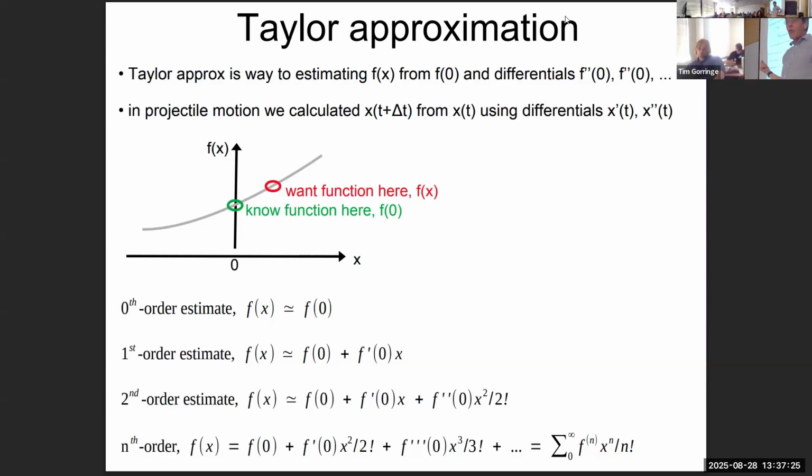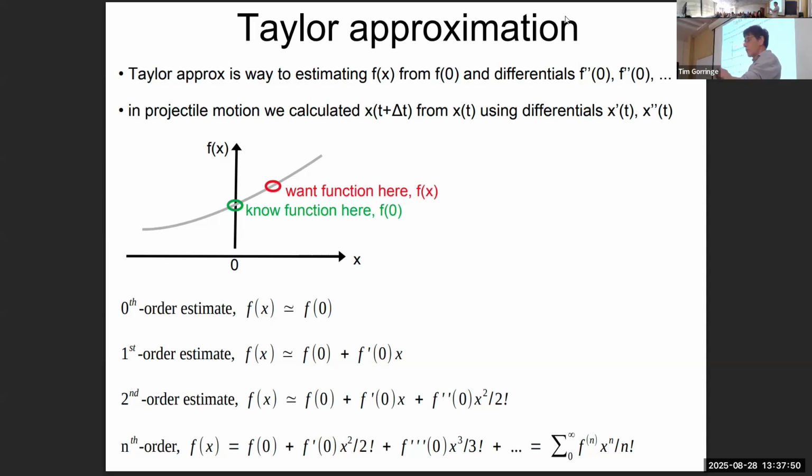Well, isn't that exactly what we want to do in our code? We want to calculate the future position and velocity of the tennis ball or the projectile, based on the current position and velocity of the projectile or tennis ball.